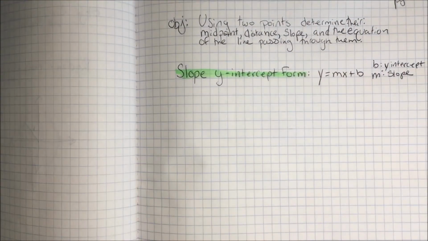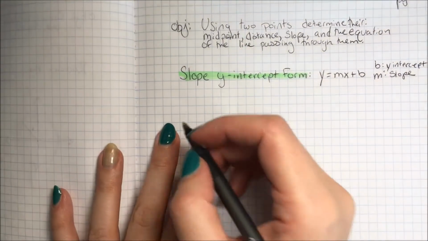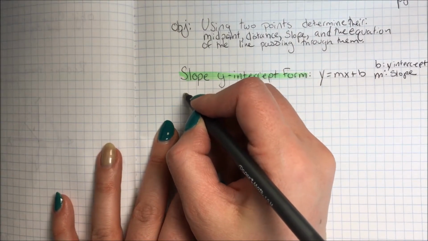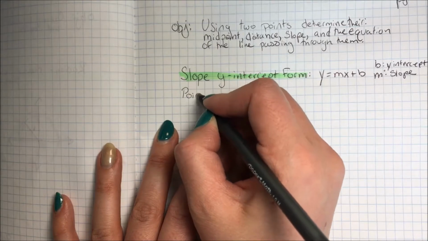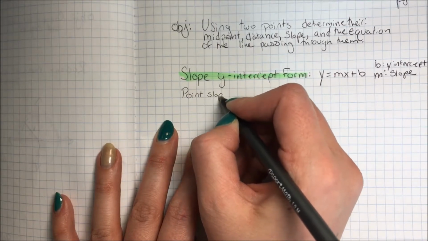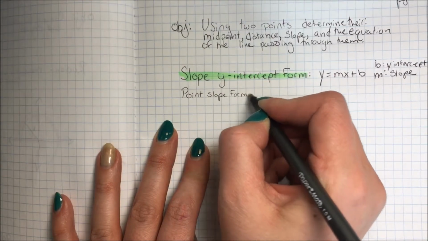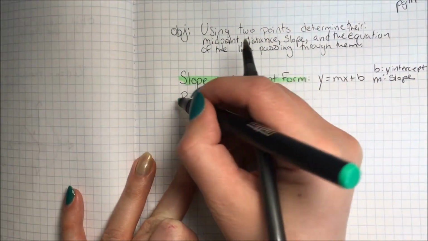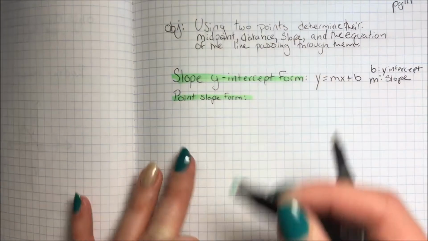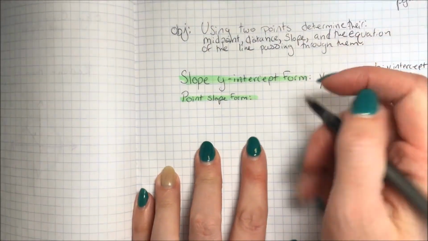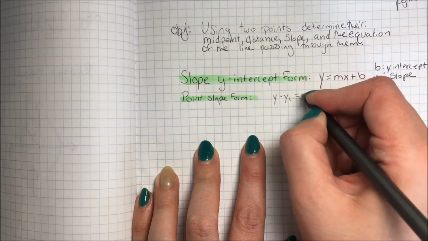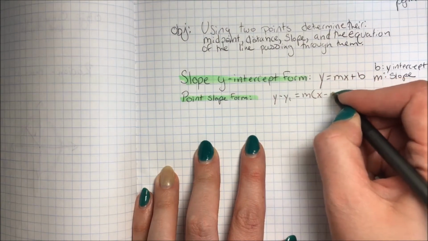Okay. Another form that we can put our line into is called point slope form. And that would be y minus y1 equals m times x minus x1.